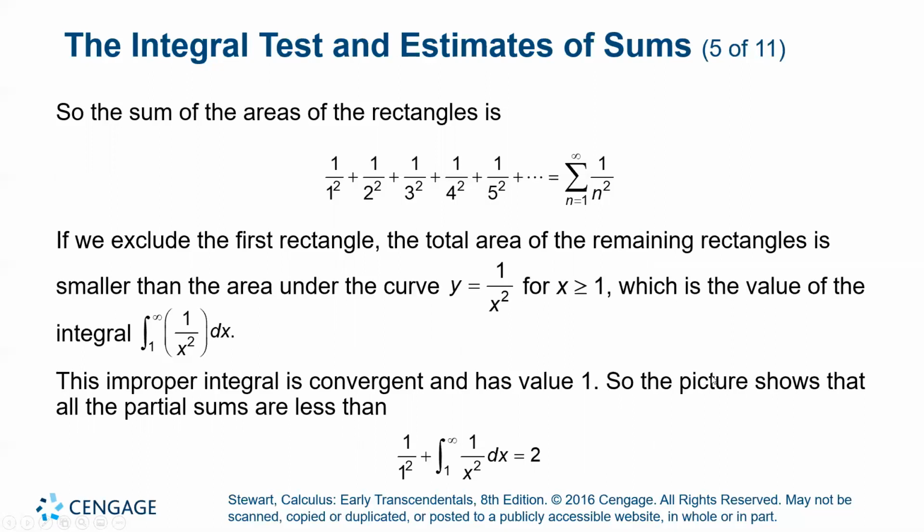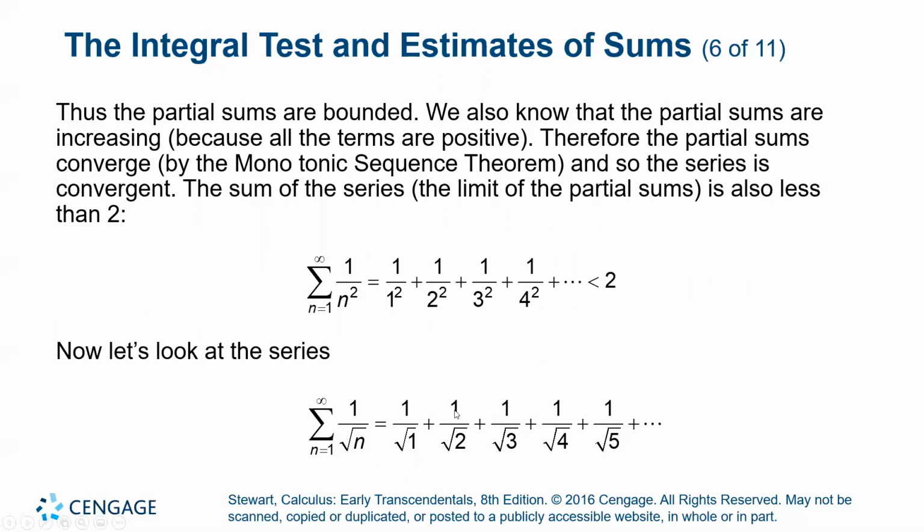So like this says, the picture shows that all the partial sums would be less than 2. 1, which is the first rectangle, and 1, which is the improper integral of the curve. So the partial sums are bounded by 2.